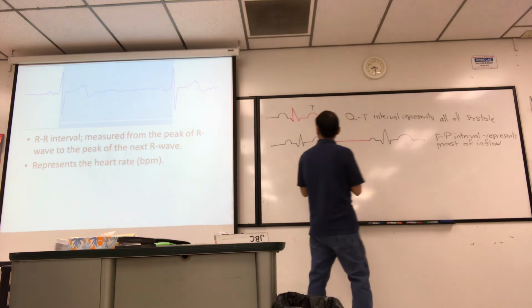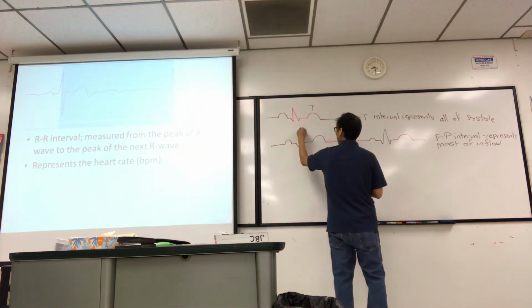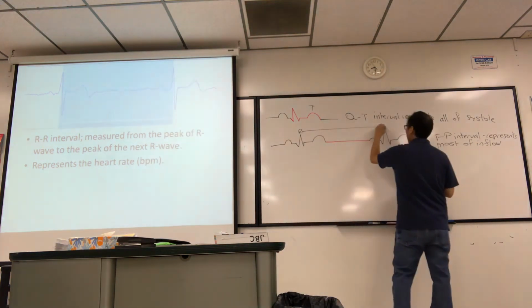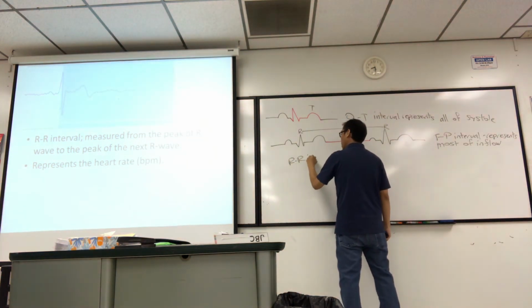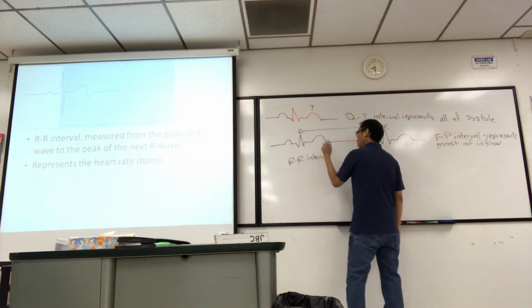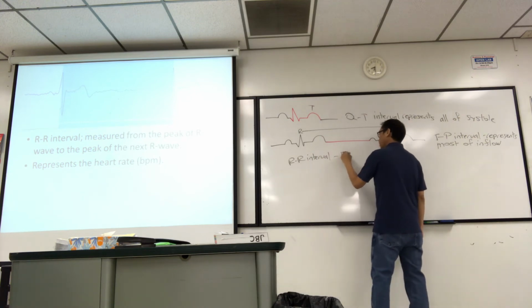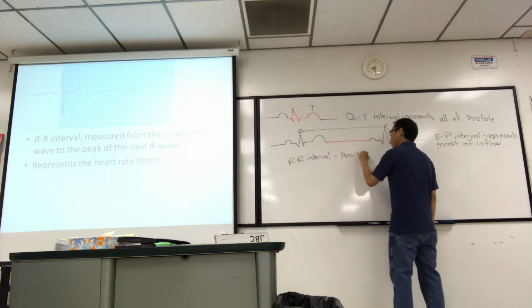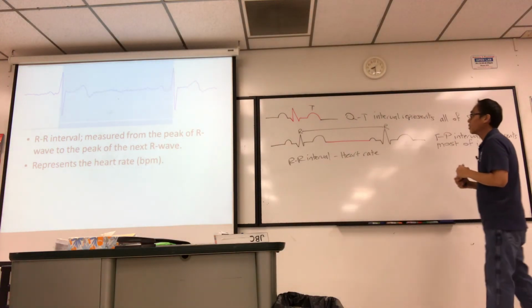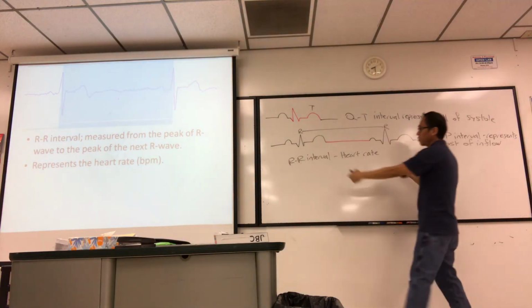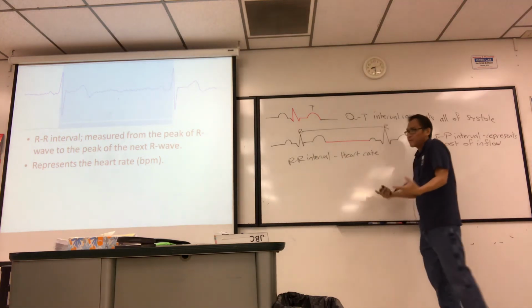So I'll just kind of leave this up. But you just measure from this R to that R, call it R to R interval. Whatever it is, it represents heart rate, BPM. So the space between R to R is, think of it as one heartbeat.